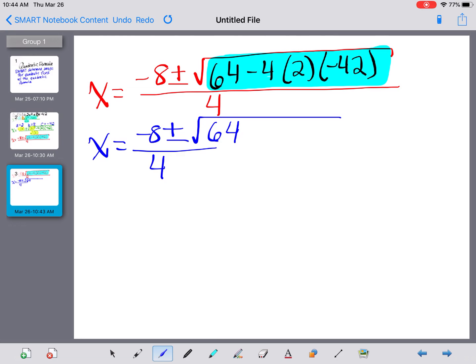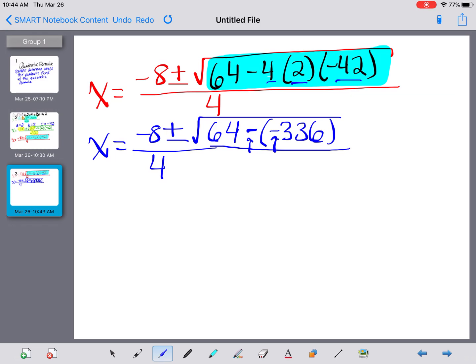And then we're just going to leave that minus sign in there, and I'm going to do 4 times 2 times negative 42. And when I do 4 times 2 times negative 42, I get negative 336. Now because I had that minus sign there, this minus sign here, and this minus sign here, I put this in parentheses so that things could be kept nice.